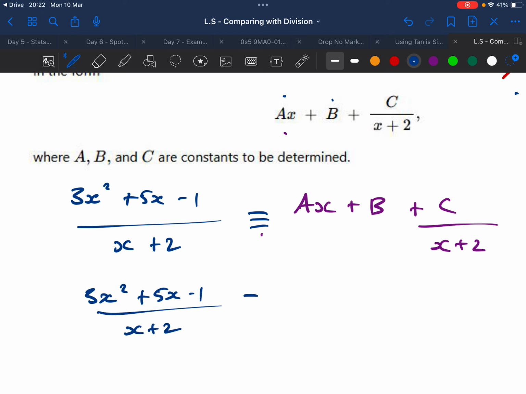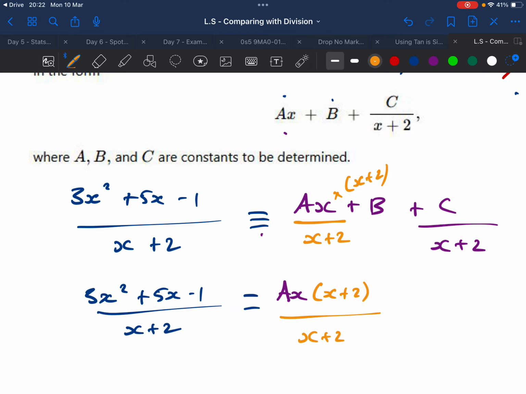Well, if I change things on the right hand side so that they have the same denominator, how could I do that? Well, I could do that if I multiply the top and the bottom by x plus 2. And if I do that, I will get ax. The new bit I'll get will be x plus 2. And can you see that that would give me the same denominator there?